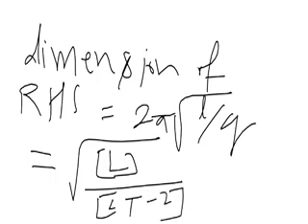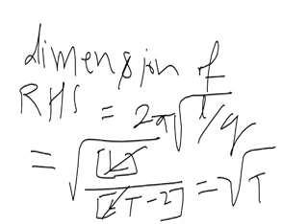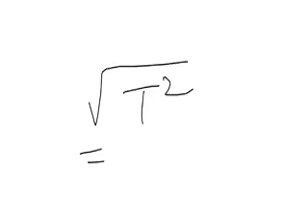So this L and this L will cancel, and T to the power minus 2 goes up and becomes T squared, and the square and root cancel, and it will become T, right?